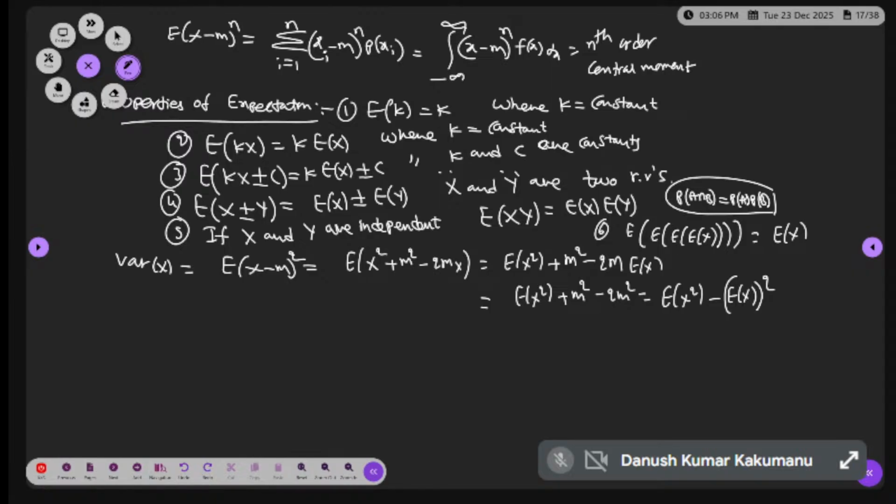Now, what is the variance of x? All of you understood? Variance of x is equal to mean squared value minus mean whole squared. Variance is a second order central moment. The second order central moment is equal to the second order ordinary moment minus the first order ordinary moment whole squared.